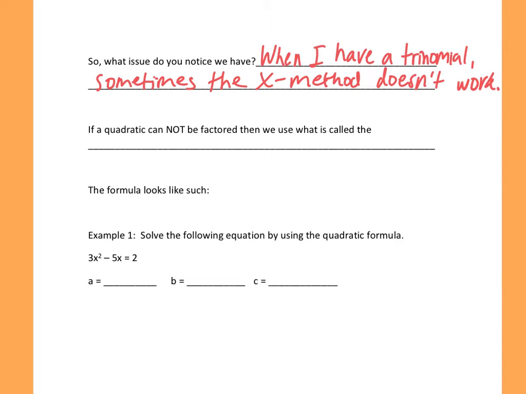Okay? We always want to try the X method first. But sometimes you're going to reach a point where you're trying so hard, you're punching in all the right numbers on your calculator, but you just can't get 2 things that multiply to the top and add to the bottom. Okay? And when that happens, we have to use something known as the quadratic formula.